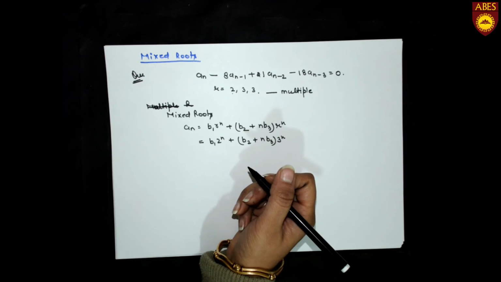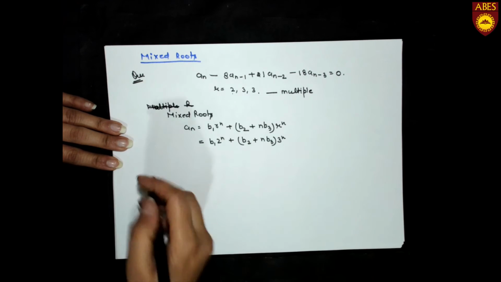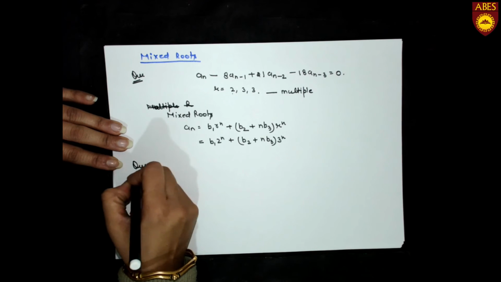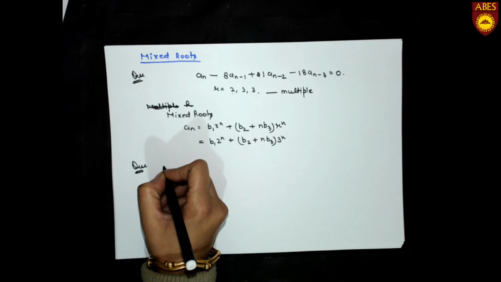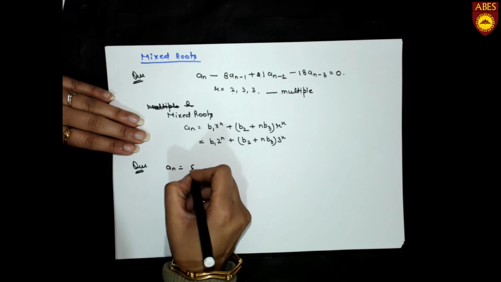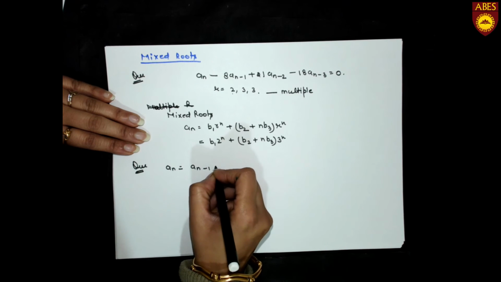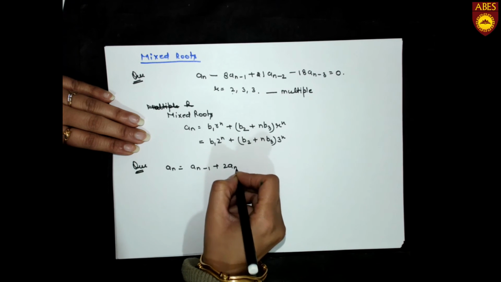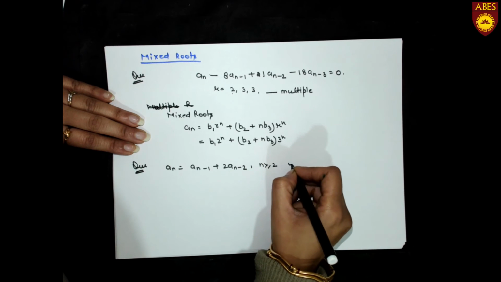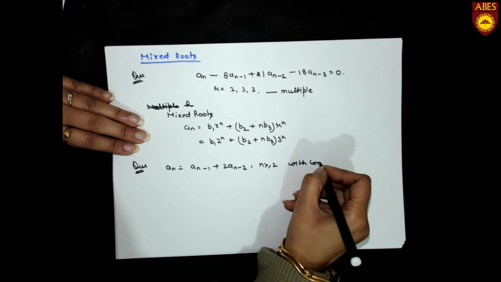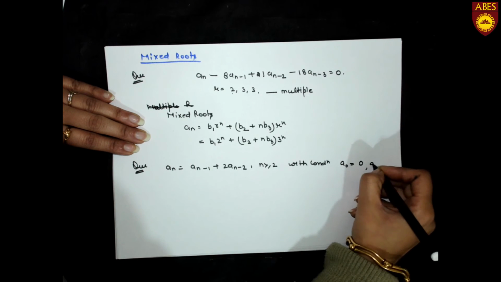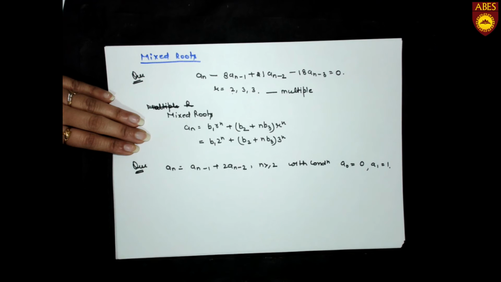Again, let us take one example for solving a recurrence relation with initial conditions: an is equal to an minus 1 plus 2an minus 2, n greater than or equal to 2, with conditions a0 is equal to 0 and a1 is equal to 1.